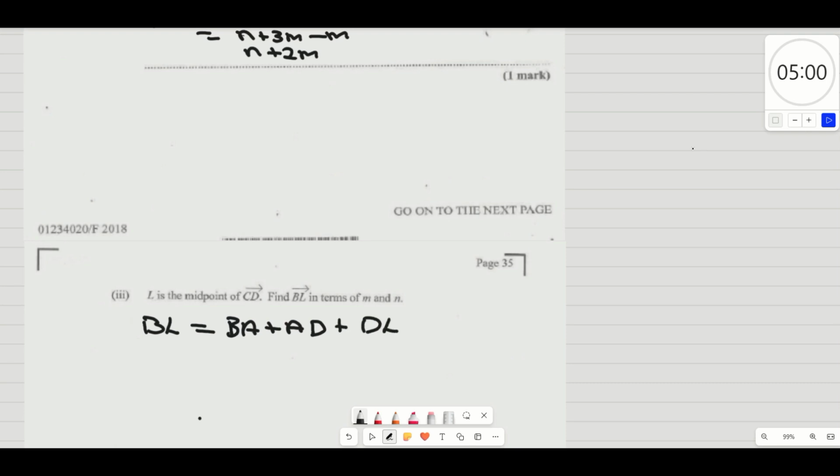We know that DL is equal to half of that whole line DC. They told you it's the midpoint, CD. So that is equal to half, and DC is 3M. So that is how we have a half of 3M, 3M over 2.